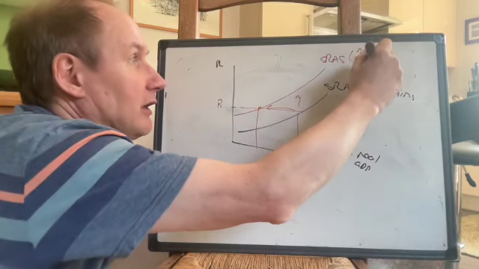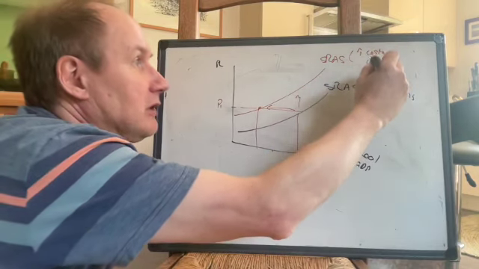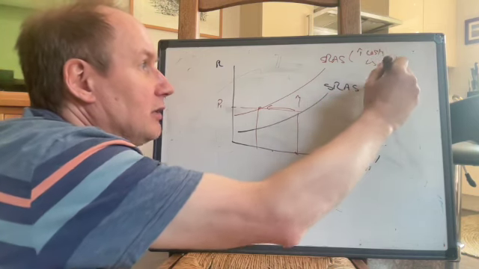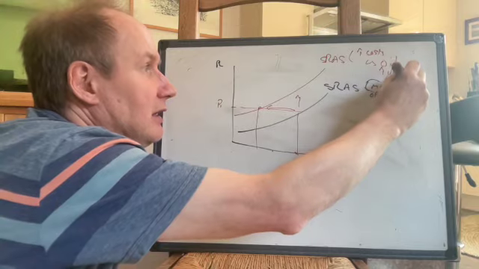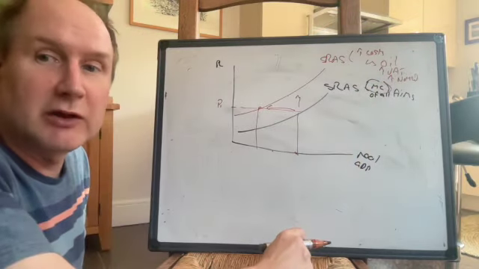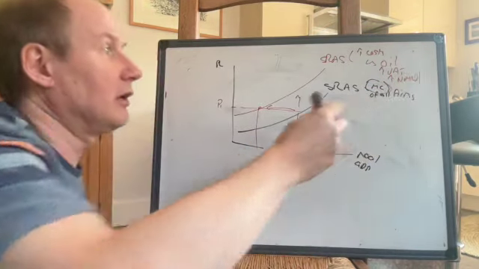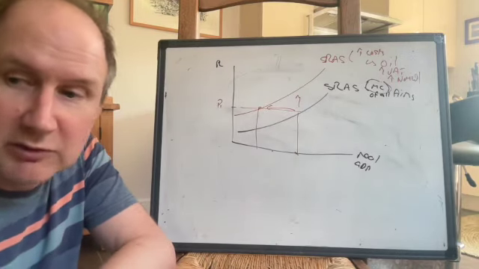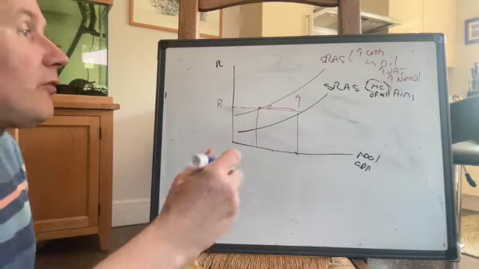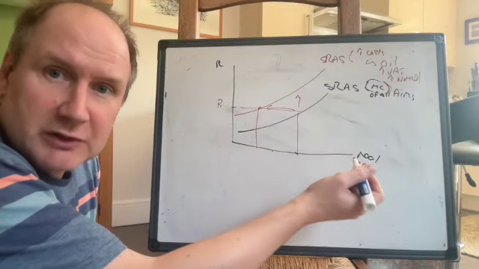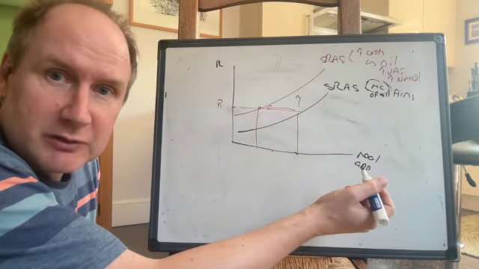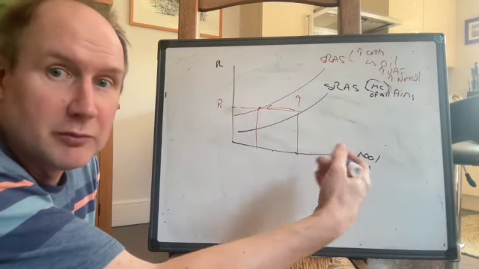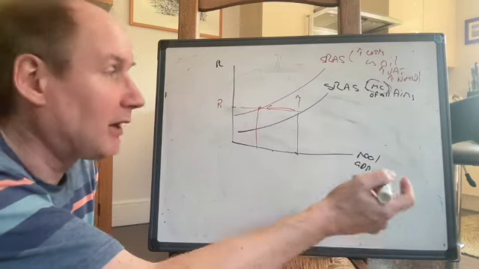So that could be something like oil prices, an increase in VAT, or an increase in the national minimum wage. Any of those things which are increasing the level of costs in the economy could lead to a vertical shift in short-run aggregate supply. Likewise, if there was a decrease in those costs, then that's making it easier for firms to supply, and therefore across the economy as a whole, firms are going to be willing to expand output.